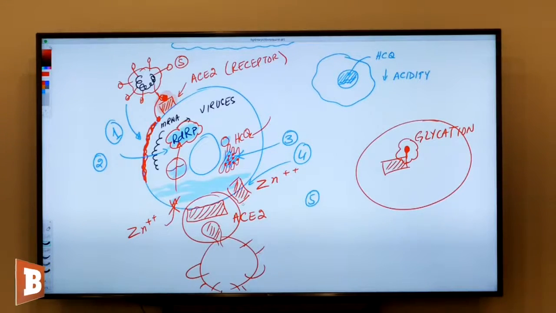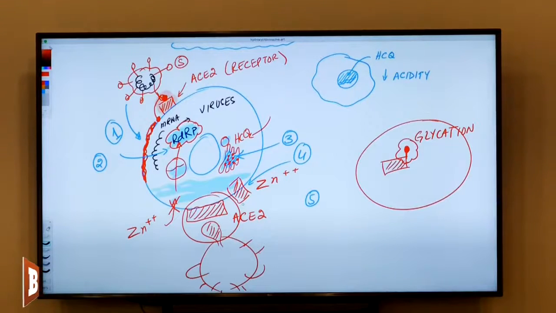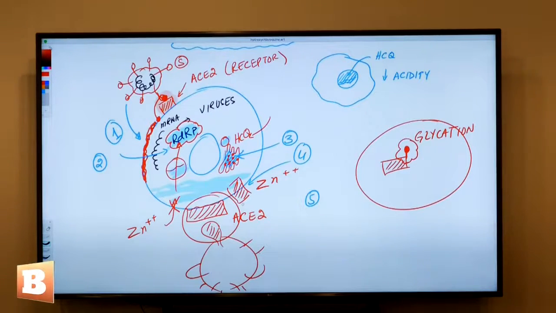Thirdly, if the RNA has entered the cell, the hydroxychloroquine has made the whole environment less acidic, which stalls the cell's activity. Then it is a zinc ionophore. So these are the mechanisms by which hydroxychloroquine stalls and stops the replication of the virus, and this is how it slows down the virus.